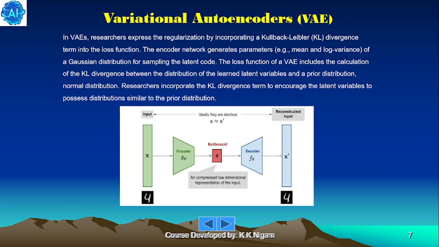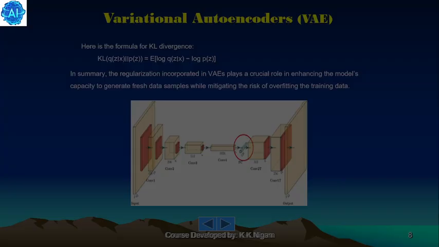The loss function of the VAE includes the calculation of the KL divergence between the distribution of the learned latent variable and a prior distribution, the normal distribution. Researchers include the KL divergence term to encourage the latent variable to possess a distribution similar to the prior distribution.